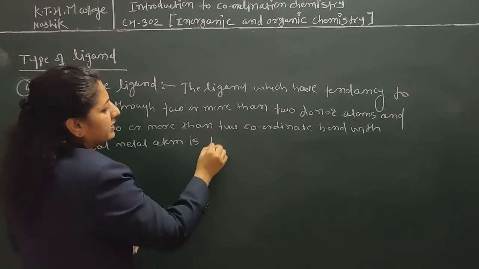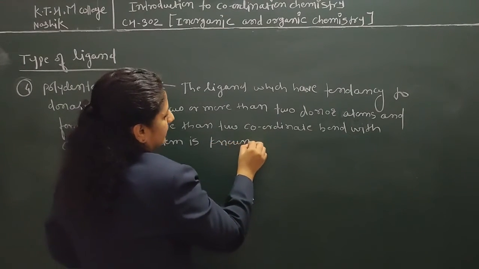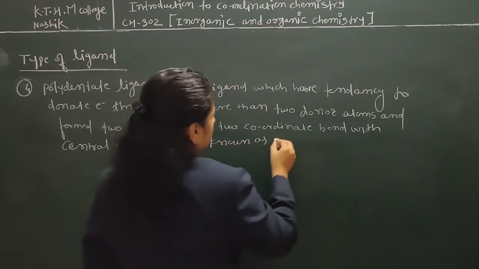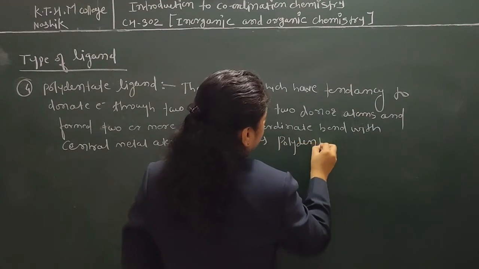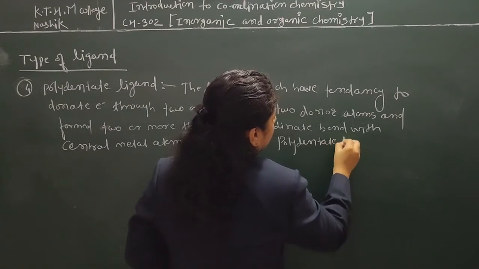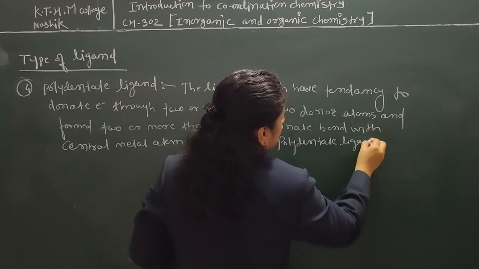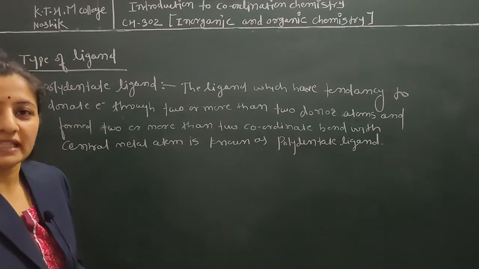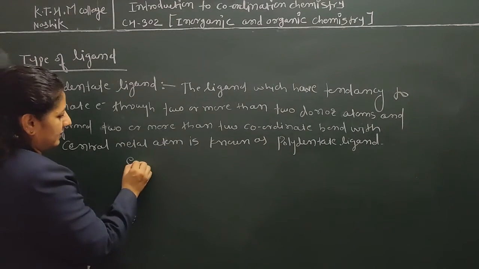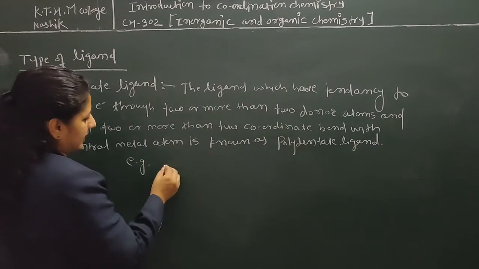An example of a polydentate ligand is a very famous one, EDTA, ethylene diamine tetraacetic acid.